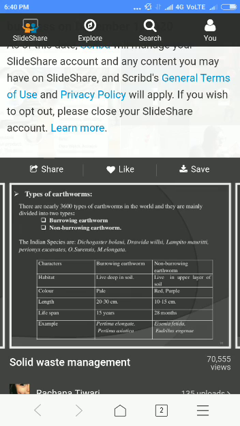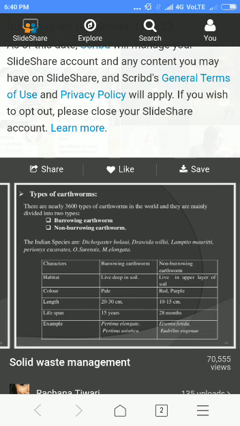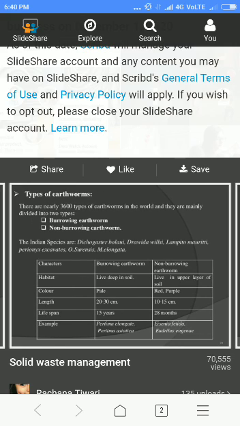Various types of earthworm species used for this process may be categorized into two main types: burrowing earthworm and the non-burrowing types of earthworm. Here there are given some specific characteristics of this burrowing earthworm and the non-burrowing types of earthworm. Especially if you consider their habitat, burrowing types of earthworm live deep in soil, while that of non-burrowing earthworm live in the upper layer of soil.